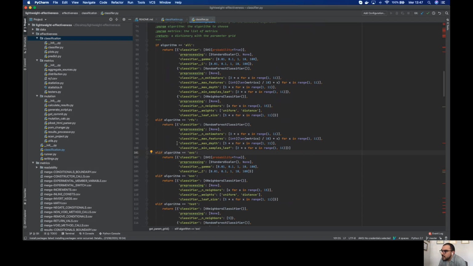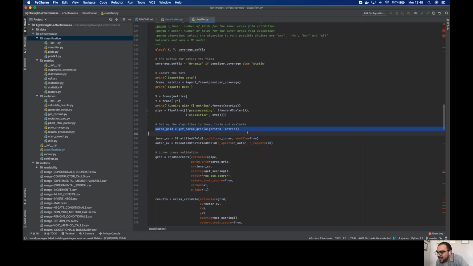For instance, for the max depth, we experimented with different values ranging between 1 and 11, and based on this range, the sklearn library is able to experiment with these different values and come up with the most suitable configuration for the random forest classifier in this case.